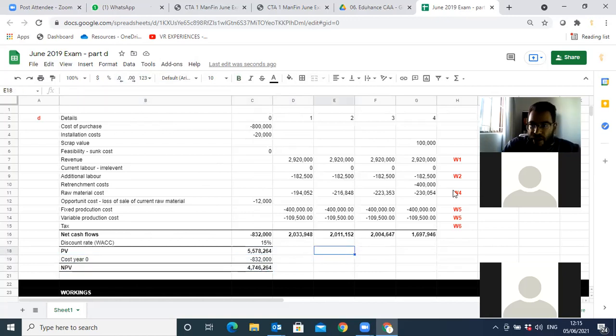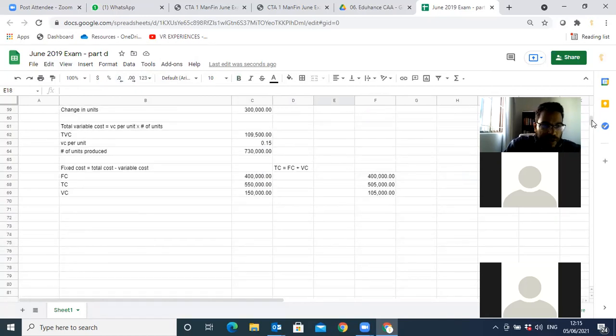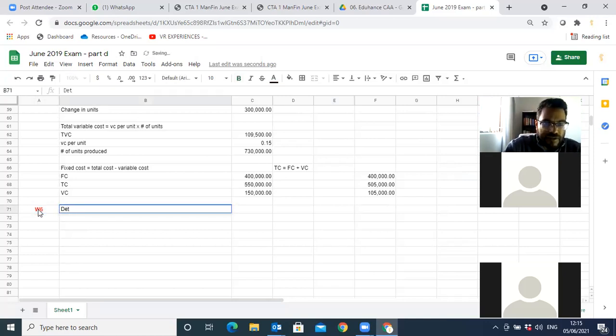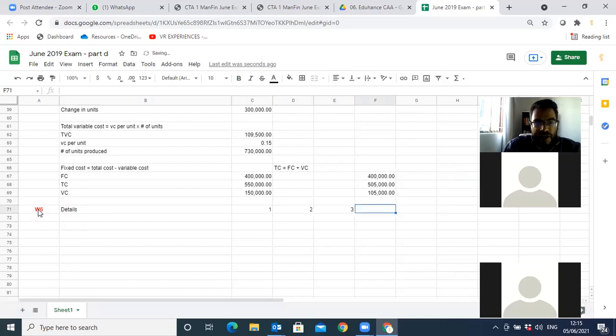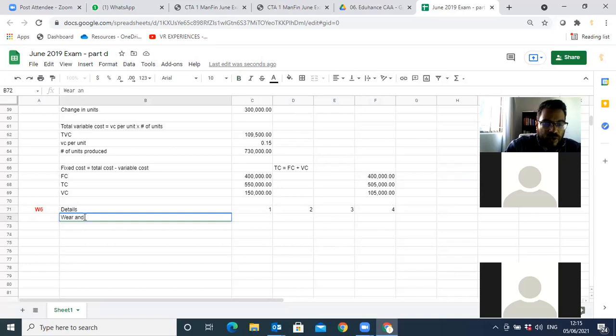Just to show you your tax calculation. In working 6, we have details for year 1, year 2, year 3, year 4. There will be a wear and tear allowance. The wear and tear allowance, whatever you want to call it, is the tax deduction from an income tax perspective relating to the investment.